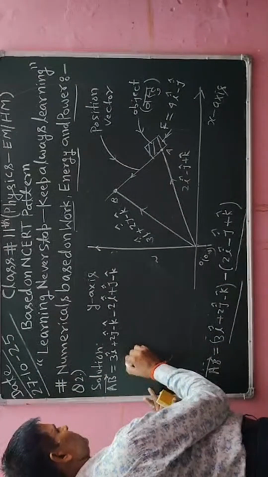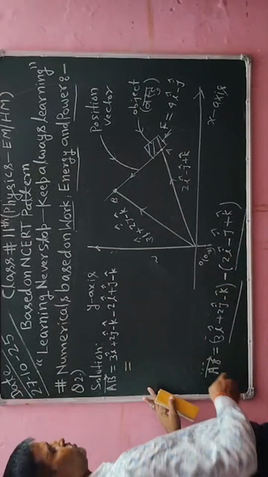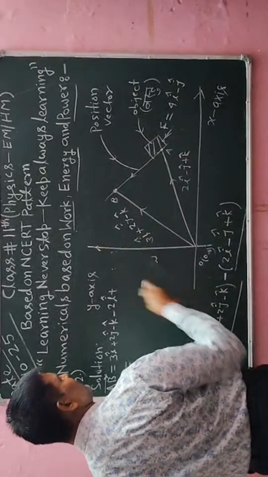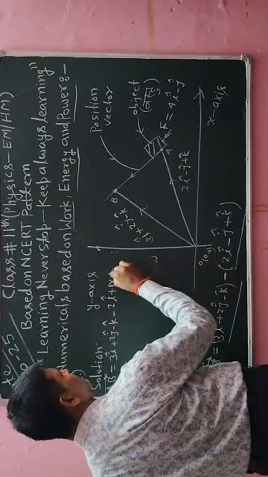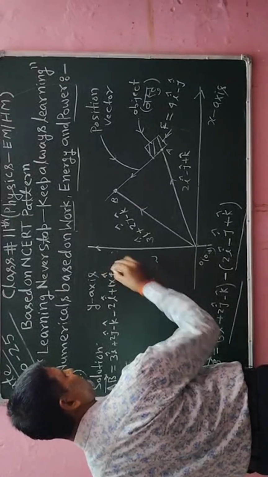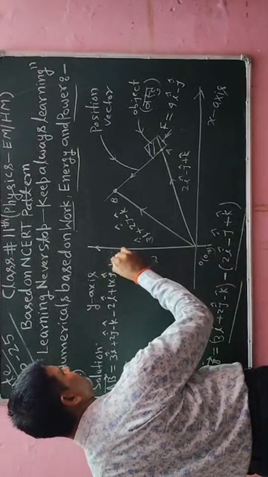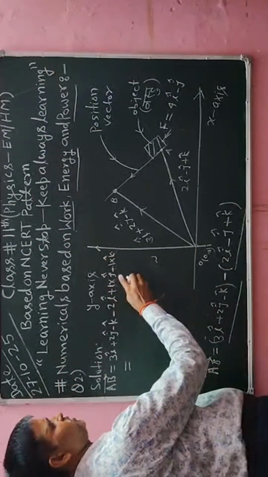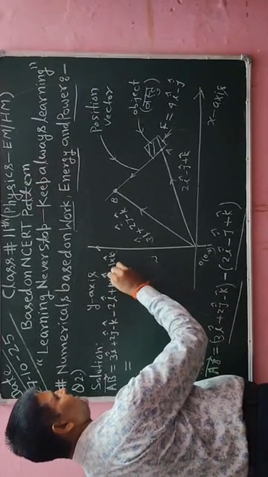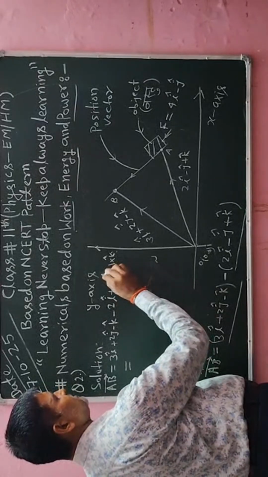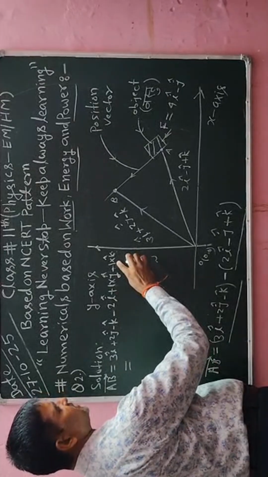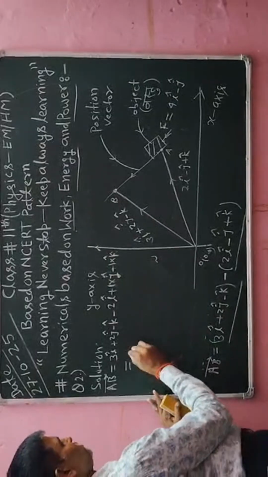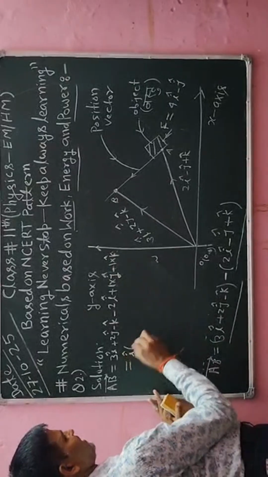Now here is something important that you have to know clearly. In the place of j I can write 1 into vector j cap, and in the place of k I can write -1 into k, because multiplication of 1 into vector j will be j, and multiplication of -1 into k will be minus k. Here I am going to take vector i common.